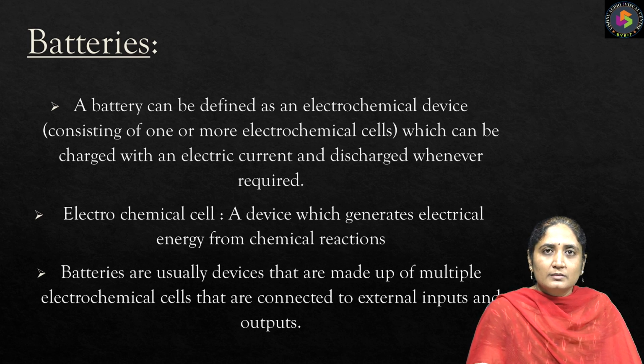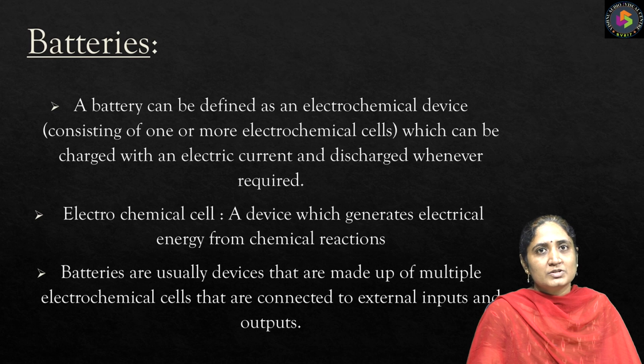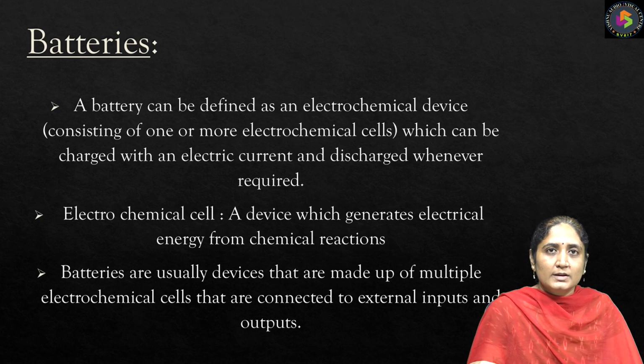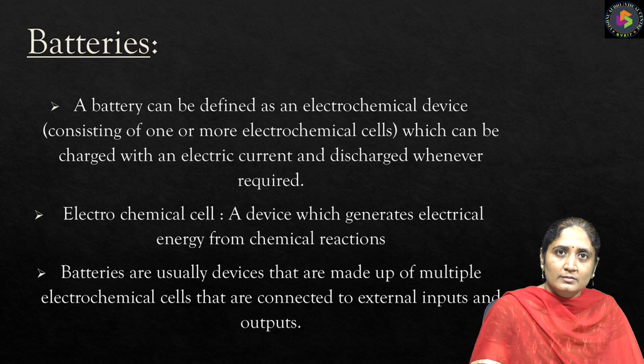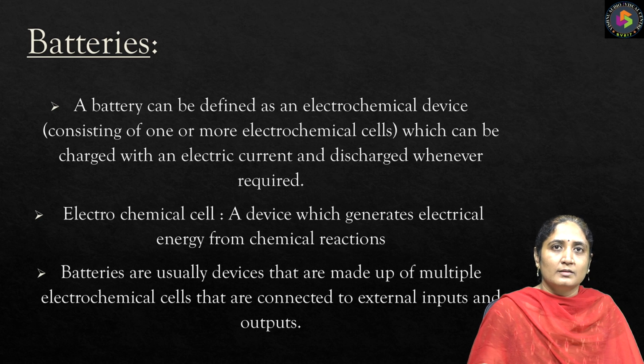First of all, we should know what is meant by battery. A battery is an electrochemical device which converts chemical energy into electrical energy. A number of cells are connected in series to produce a battery. It is a storage device which produces energy.